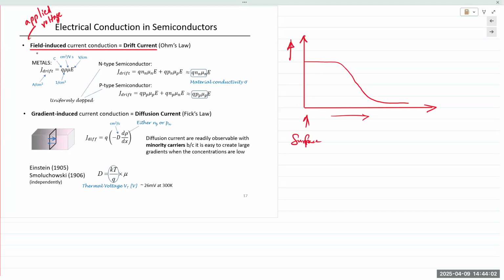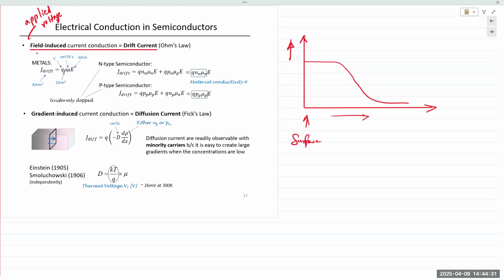Once you introduce these dopants into your semiconductor material, there's a concentration of these atoms or charge carriers at one spot. Because there is a gradient in the doping profile, there's an imbalance in the charge across the profile of that semiconductor material.